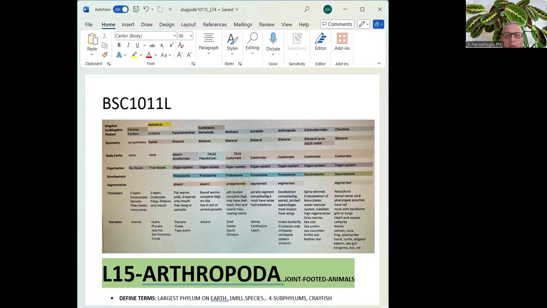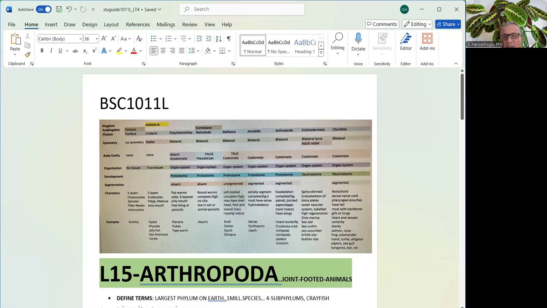Okay, so we have this table, which you've already seen in your Canvas, which shows all the Animalia phyla. There are more than nine, but these are nine major ones, and each of them is in a specific column. We are really focusing on the very last columns here.